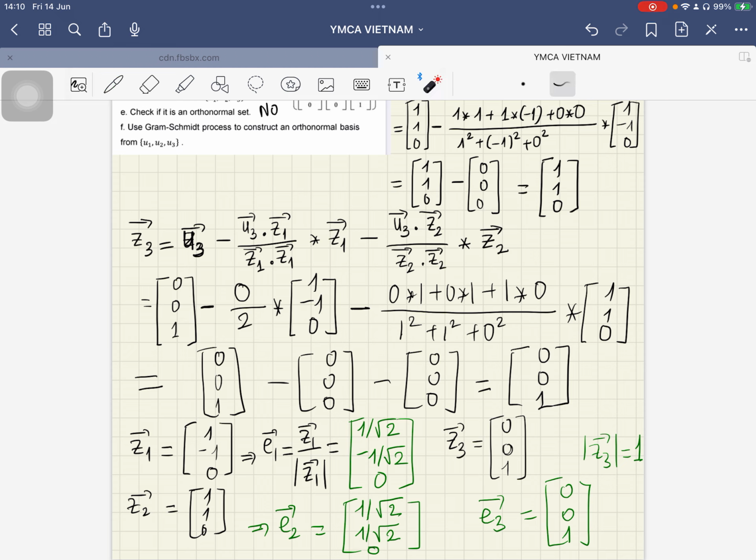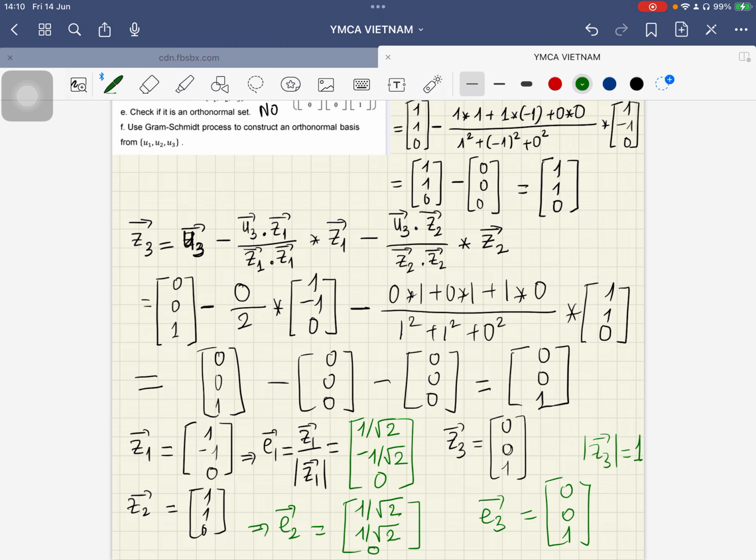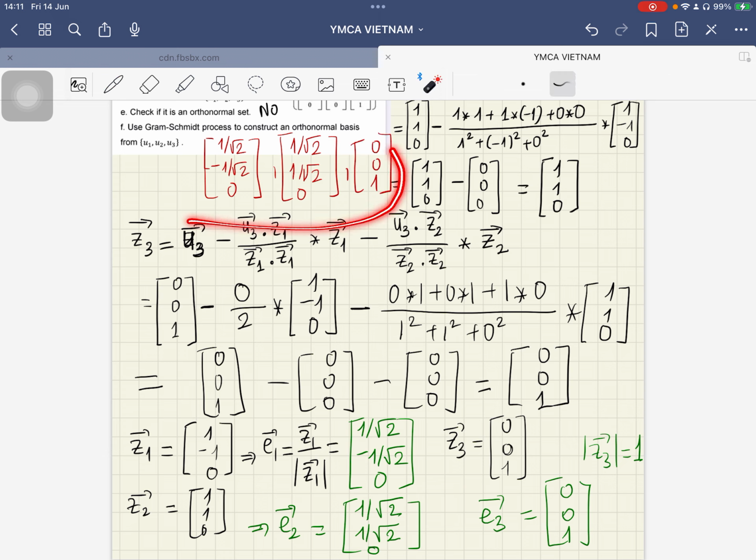So we have the set, the orthonormal basis, is E1, E2, and E3. So we have this set: 1 divided by square root of 2, -1 divided by square root of 2, 0; 1 divided by square root of 2, 1 divided by square root of 2, 0; and 0, 0, 1. So this is the answer to question F.